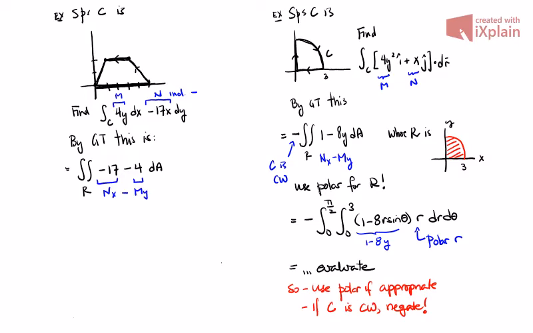Now, notice when you do this, you get something nice. You get the integral over r of negative 21 dA. Now, you might say, let's parameterize r. Just to be clear, the r in this case is now a trapezoidal region.